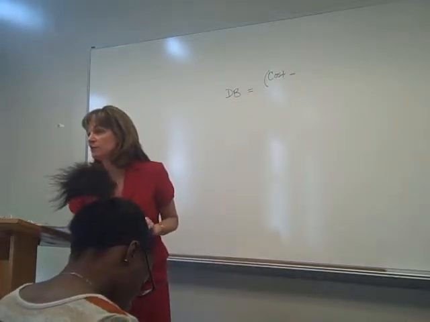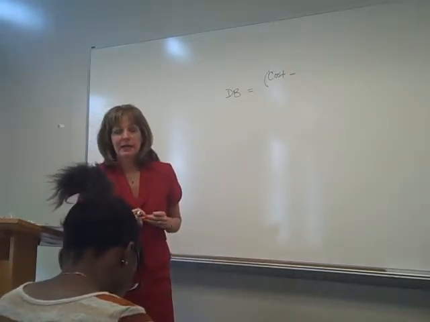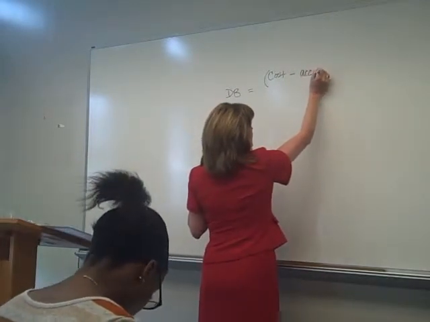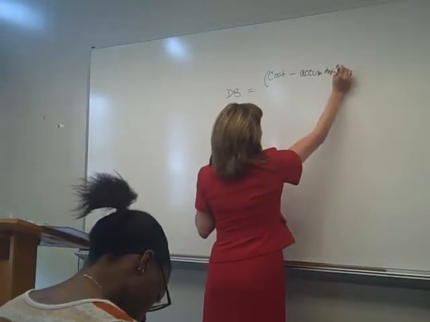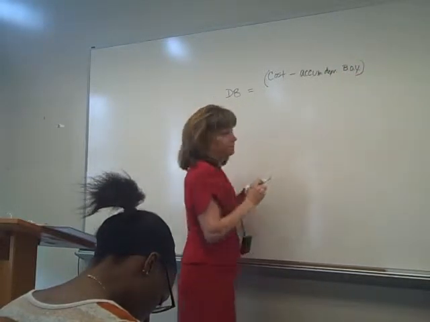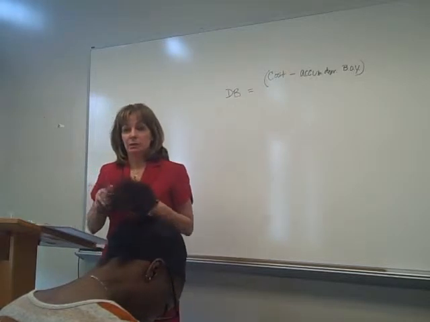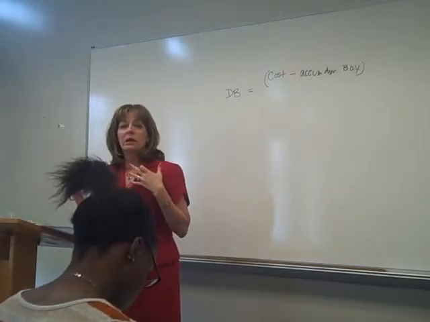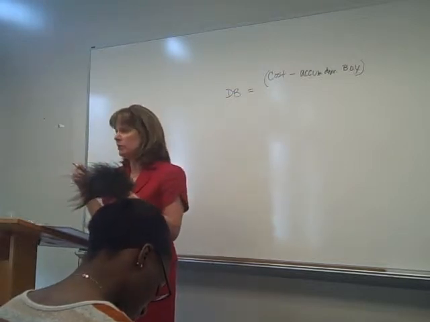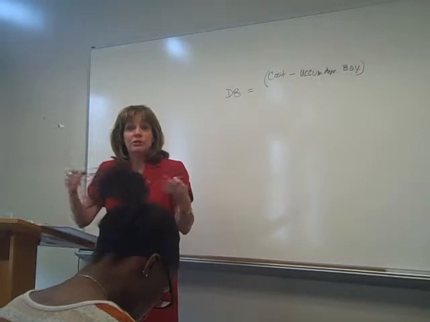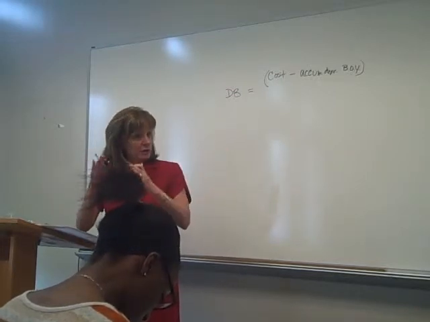This is where our first difference is. It's minus accumulated depreciation at the beginning of the year. What does that mean? Well, you remember that accumulated depreciation is what kind of account? Contra asset. So whatever we have at the end of one year is the beginning of the next year, right? It grows and grows, and the book value shrinks and shrinks.